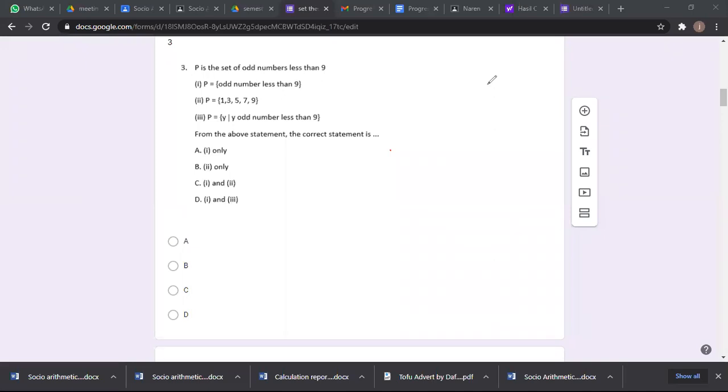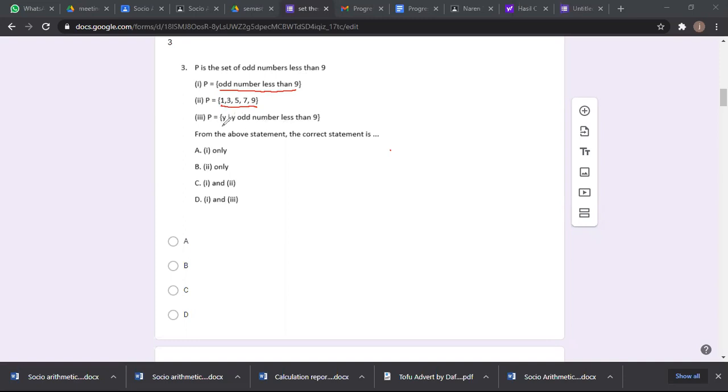So here we have a set: odd numbers less than 9. Actually, we have three ways to show the set. The first one, they just write the instruction like this. The second one, they mention all the elements. And the third one, they make a notation.